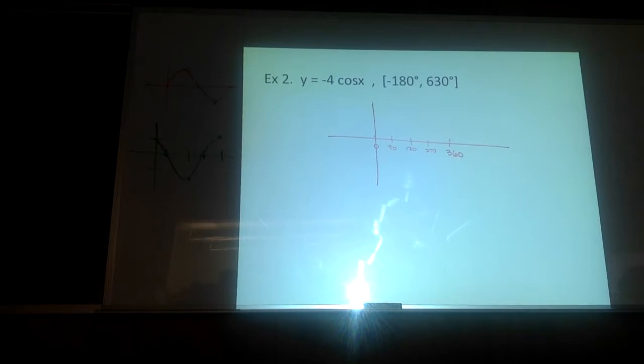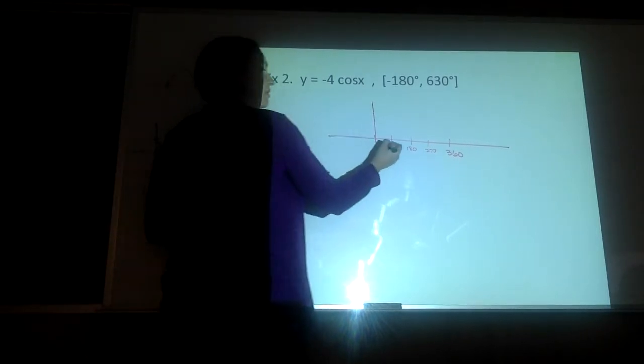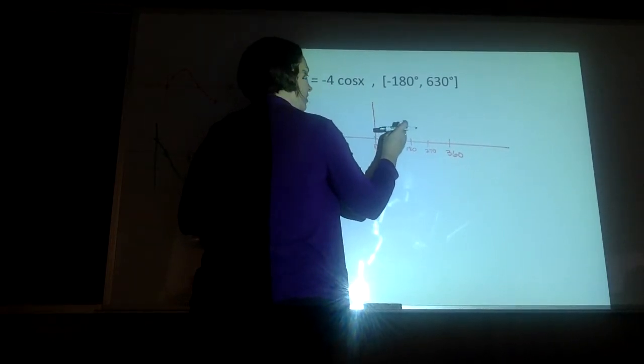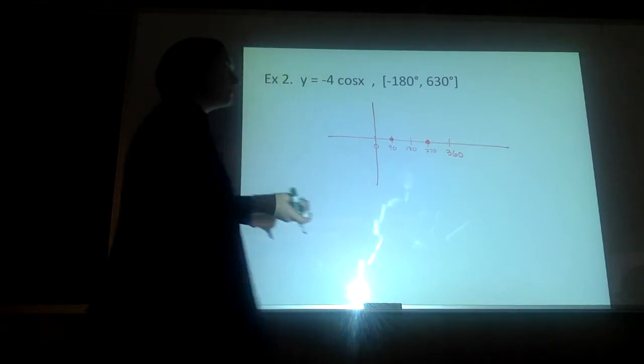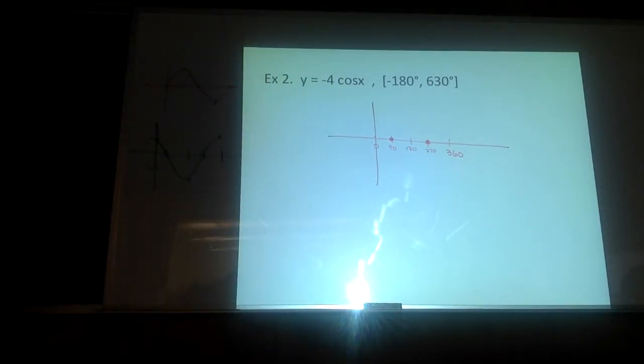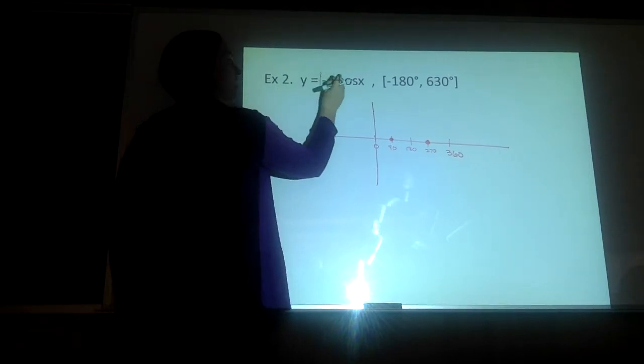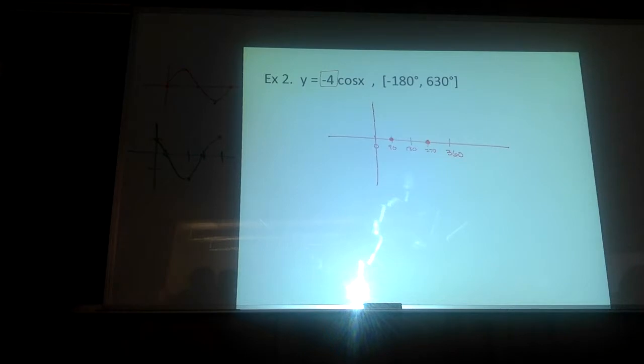Cosine has how many key points on the center line? 2. So we're going to plot those 2 key points. I'm going to plot it here, and I'm going to plot it here on the center line. Normally, I would count up 1. However, what I have out front tells me I should count how many and which direction. Down 4 from the center line.